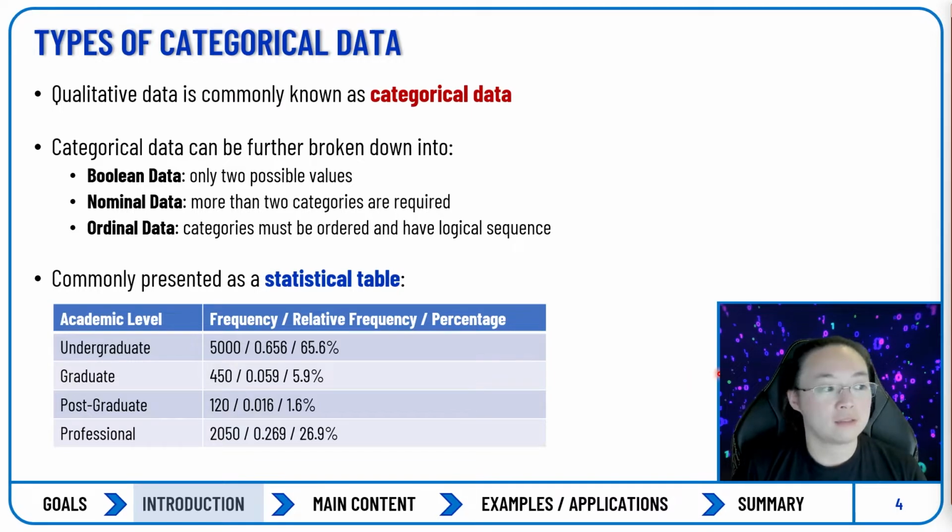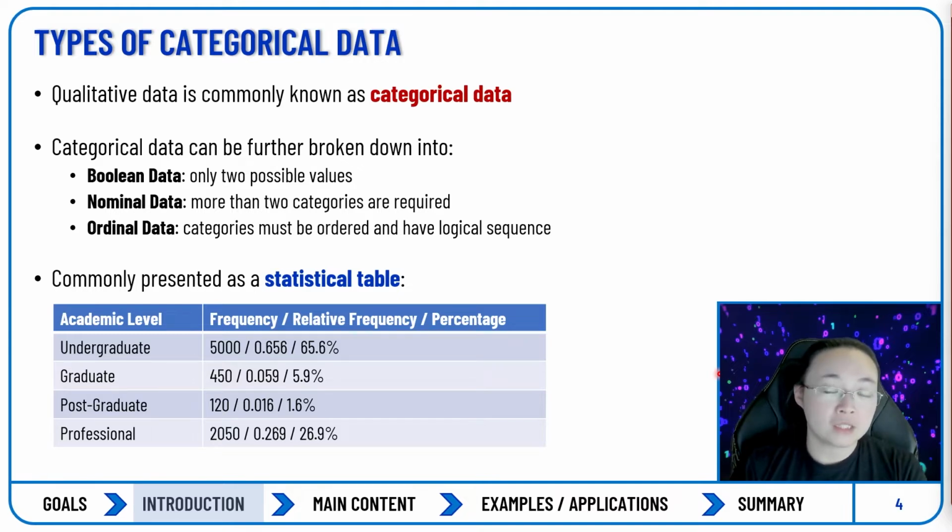Next, I want to say that a lot of categorical data usually is presented at first with a statistical table, and usually a statistical table is enough for a publication or even for presentation of your qualitative data. But sometimes we want to display it in more fancy ways, so that's why we have to move on to being able to describe them visually through graphs.